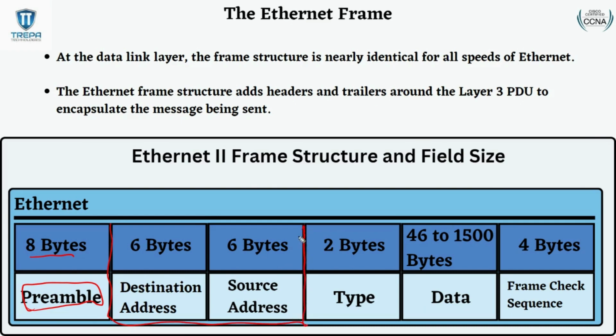But this is going to be that MAC address sublayer where we have a destination MAC address and a source MAC address in this Ethernet header right here. And then we have the type field. And then we have our data that's encapsulated into this frame, so that's all of our application data. And then we have this frame check sequence here, which is 4 bytes, and that's going to do our CRC checks, right?